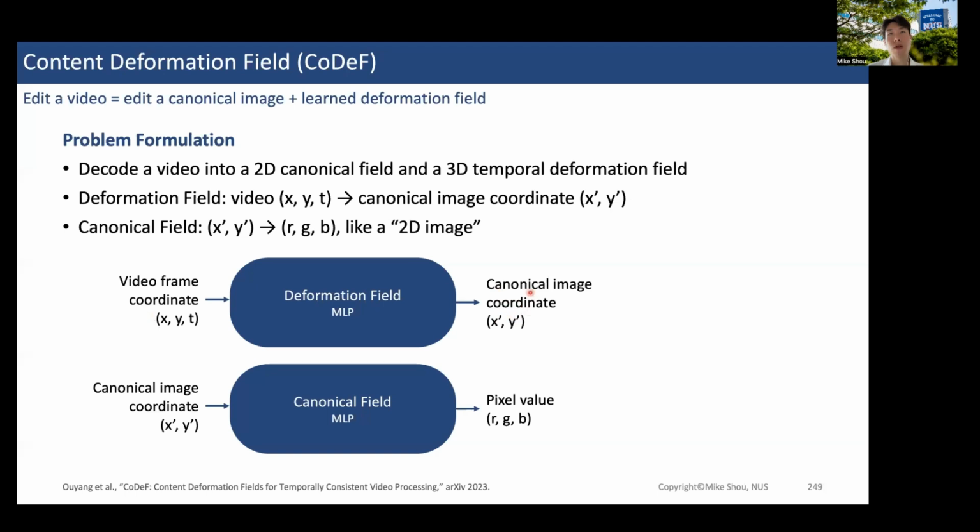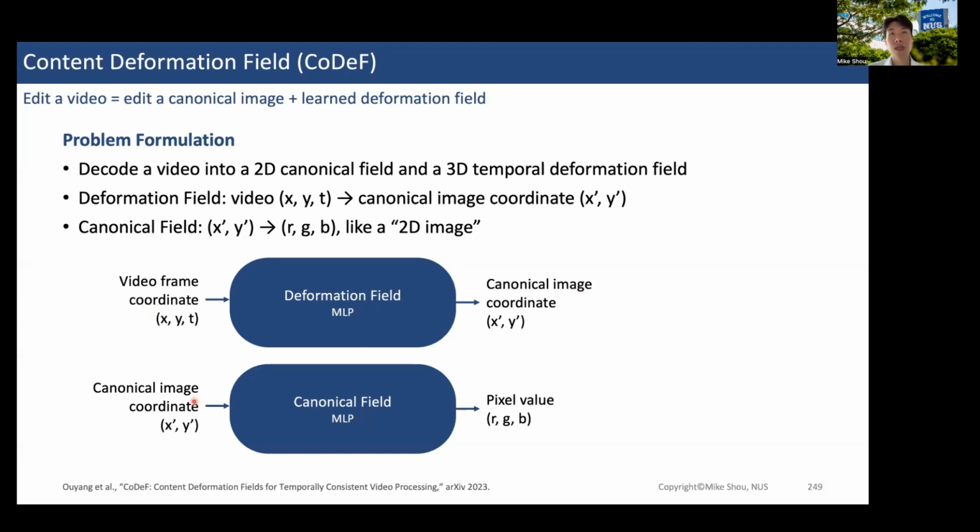And this 2D coordinate is basically the corresponding location on the canonical image. So essentially, given this coordinate in the video frame XYT, we find out where this pixel is in the canonical 2D image.